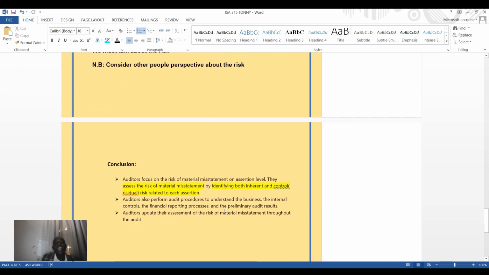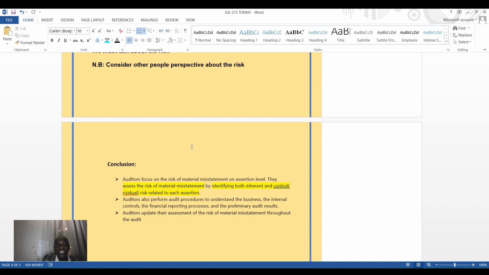Now I've arrived at the conclusion, the summary in terms of ISA 315 revised 2019. Auditors focus on the risk of material misstatement at the assertion level. Here, guys, is the summary of what I've discussed above.